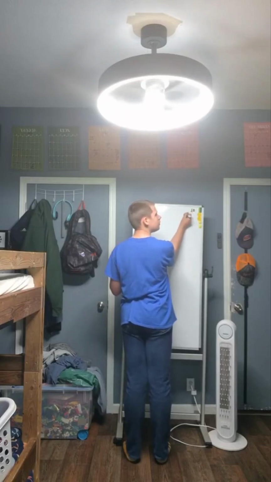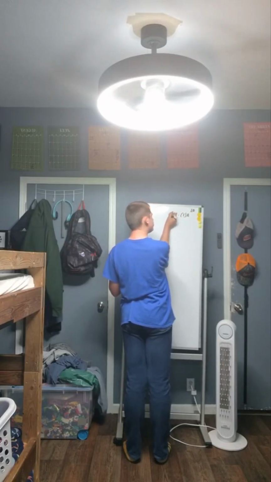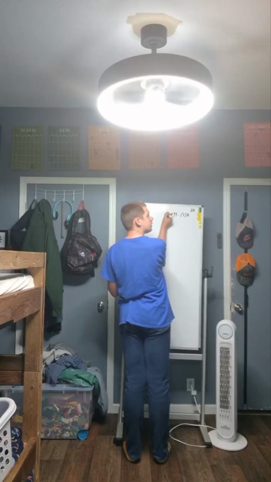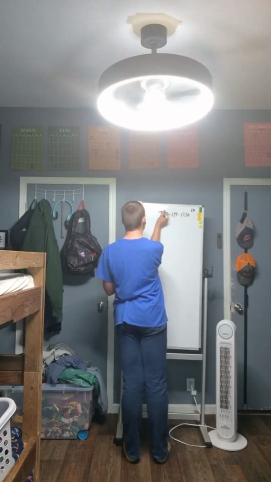A of t equals P times 1 plus i over n, to the power of n times t.